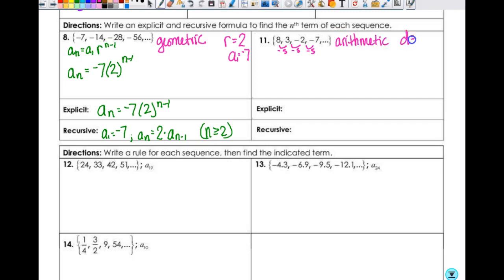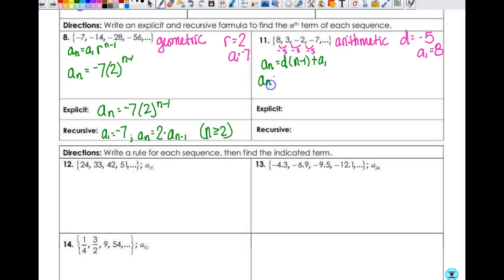The common difference is negative 5. A1 is equal to 8. Okay, so it's asking me for this sequence. It's arithmetic, so I'm going to use the formula A sub n equals d times n minus 1 plus A sub 1.